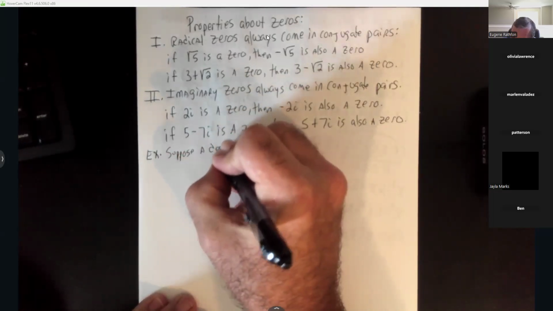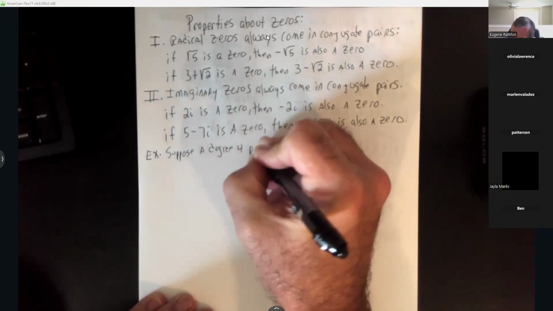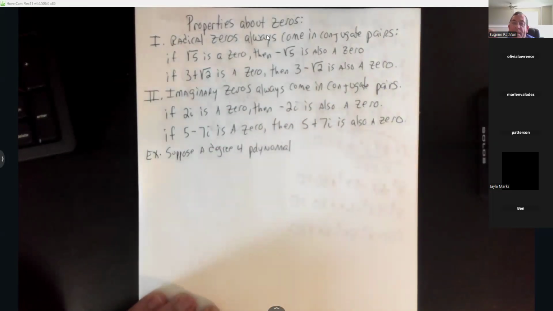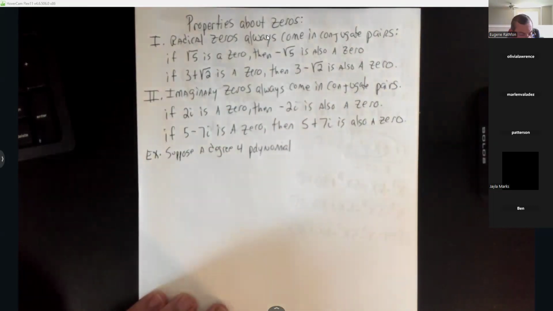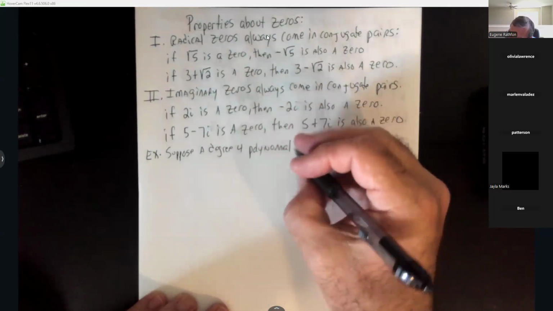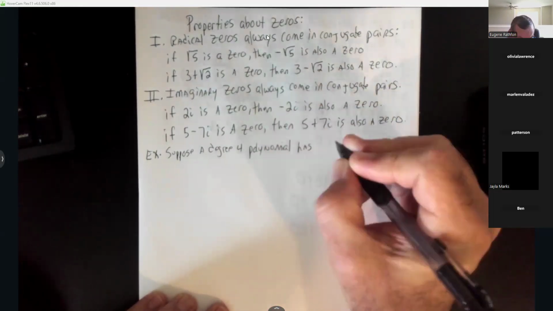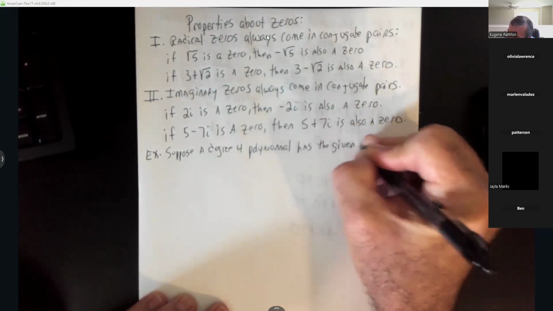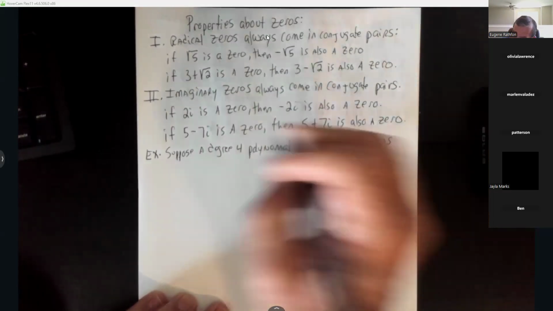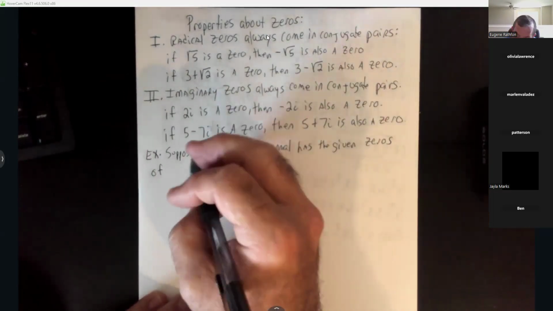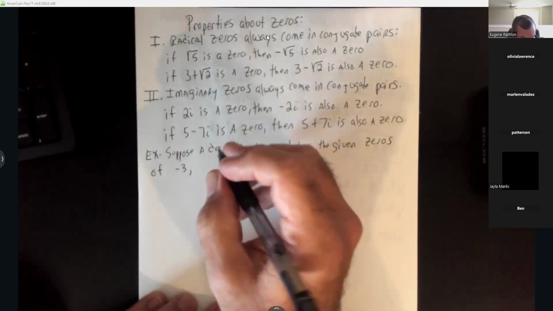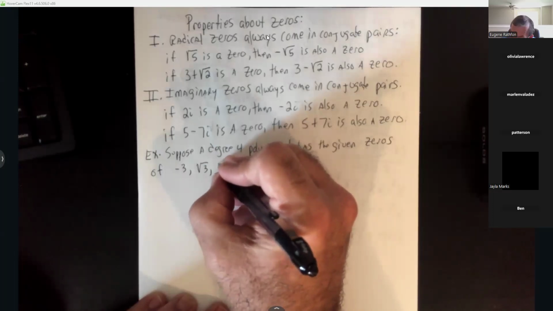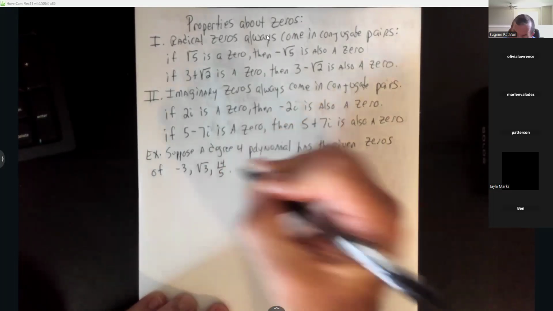Suppose a degree 4 polynomial. So since it's a degree 4, that means it has to have 4 zeros. So it says, suppose a degree 4 polynomial has the given zeros of negative 3, square root of 3, and 14/5.